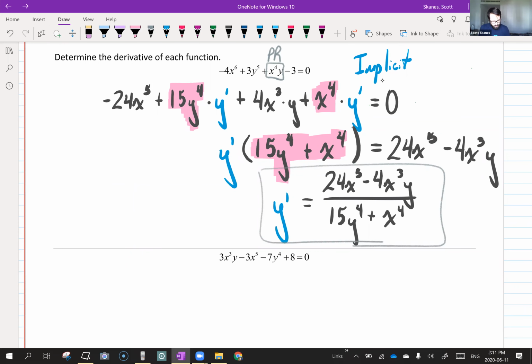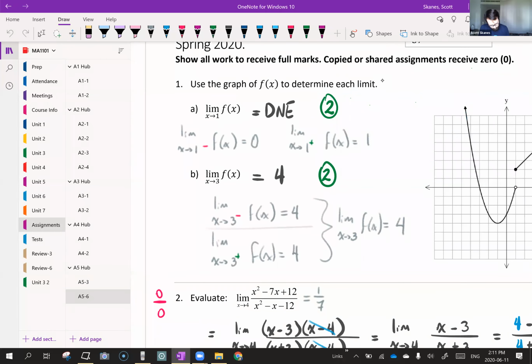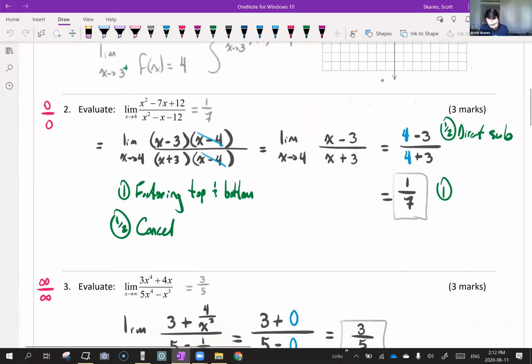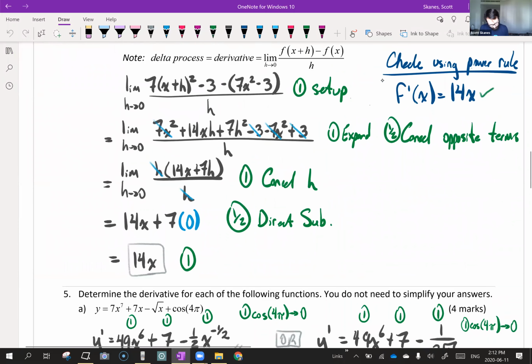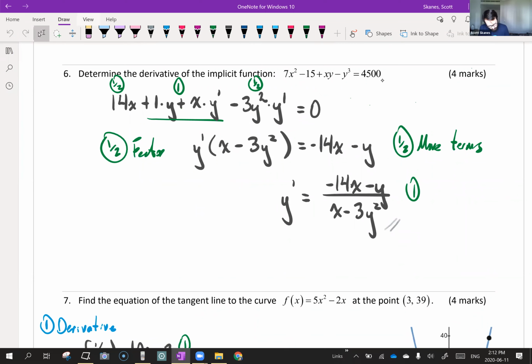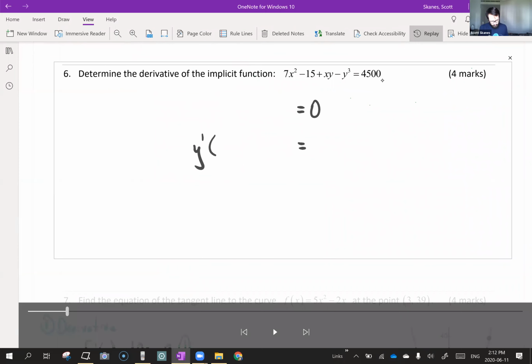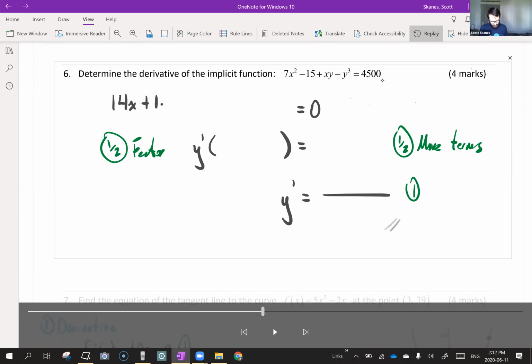Okay, so let me show you your assignment. I'll post all this online, you'll see it yourself. So, wow, didn't expect that.